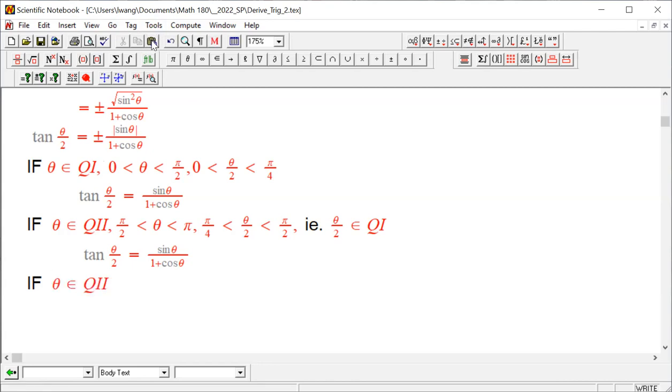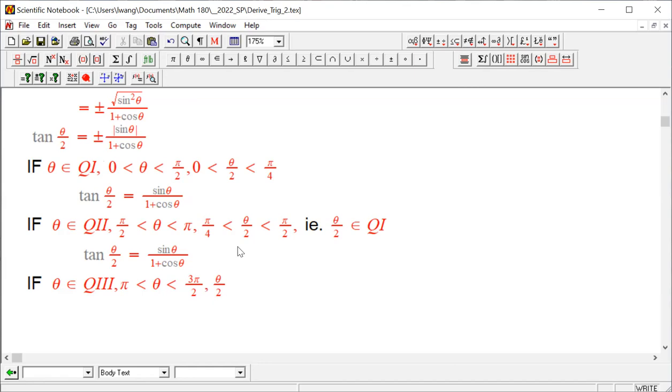If theta is in the third quadrant, what does that mean? It means theta is greater than pi, smaller than 3 pi over 2. And this means that theta over 2 is going to be in the second quadrant, right?